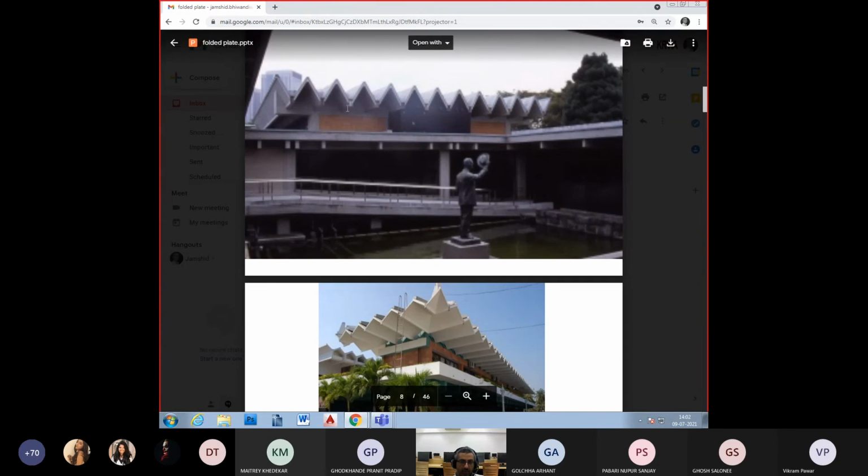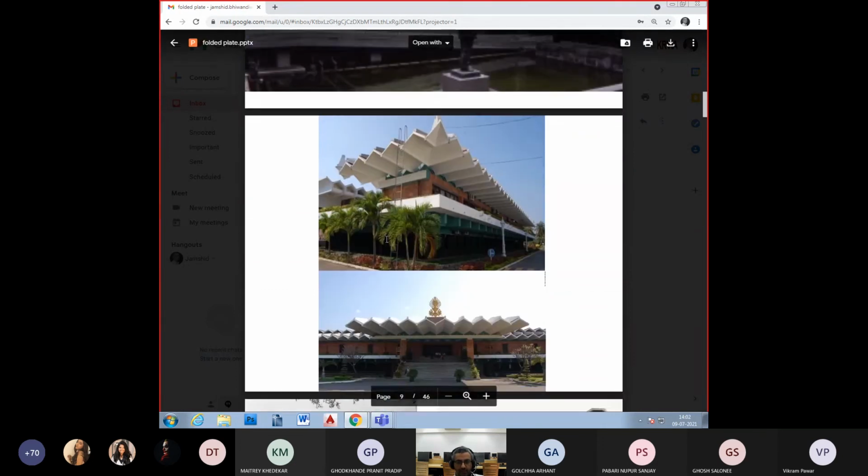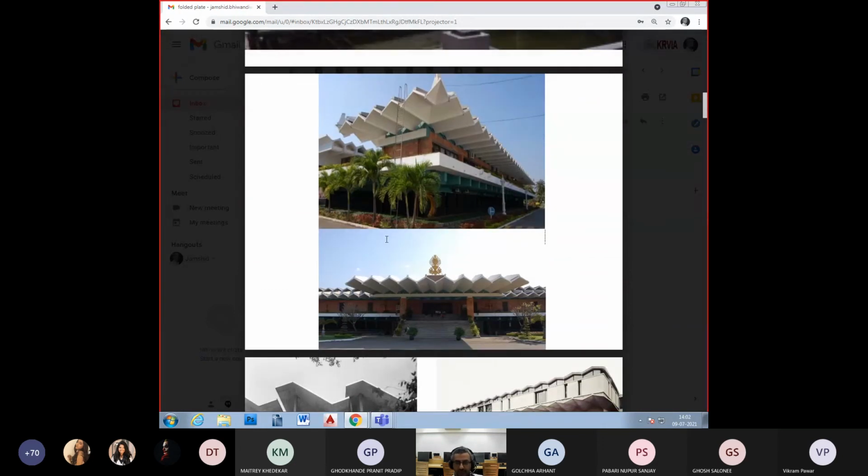But here, the folds come out beyond the diaphragm wall in order to lend identity to the structure. Yeah, this is another building in Bangkok, a government building, where you can look at the extent of the cantilevers that can be seen through the folds.